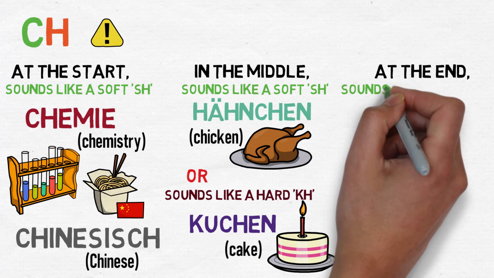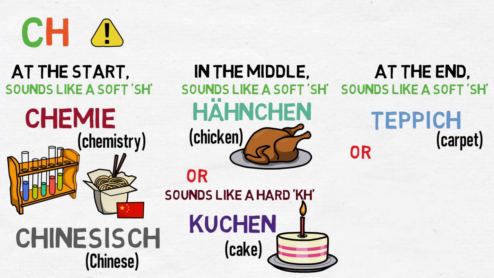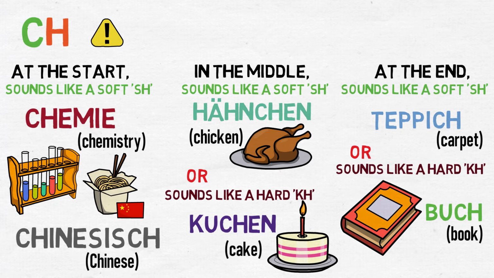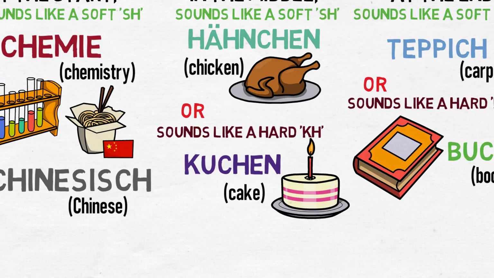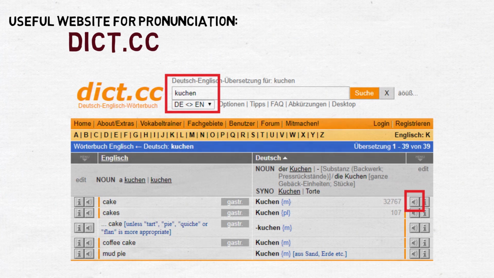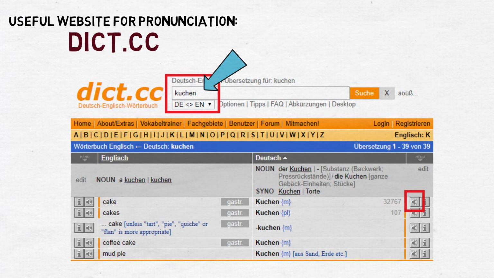At the end, it can be a soft ch, like Teppich, meaning carpet, or a hard ch, like Buch, meaning book. This is the only letter combination that it's hard to guess. In words like this, listen to the pronunciation where possible. A good website for this is dict.cc. Type in the piece of vocabulary and, on the right-hand side, click the speaker icon.